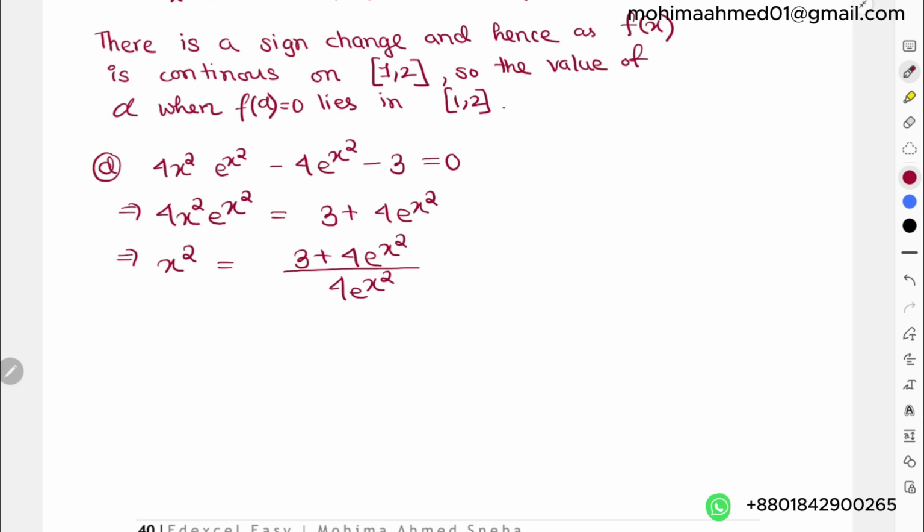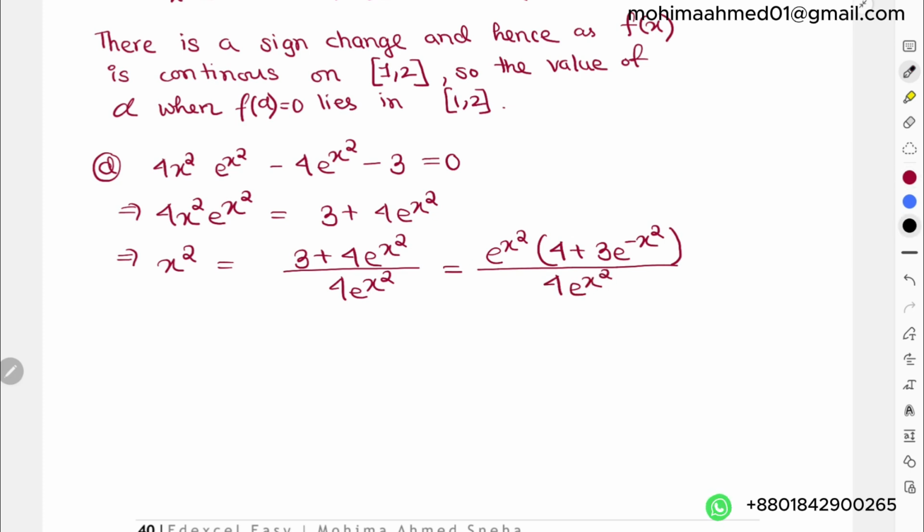From there, if I take e to the power x squared common, then from 4 I will just get 4 here, and from 3 I will get 3e to the power minus x squared, right? This is what I'm supposed to get, because it didn't have e to the power x squared, so it will get divided with that. So that's why that 3e to the power x squared in fractions will be, or in one line it will be, a negative power. And in the denominator we already have our 4e to the power x squared.